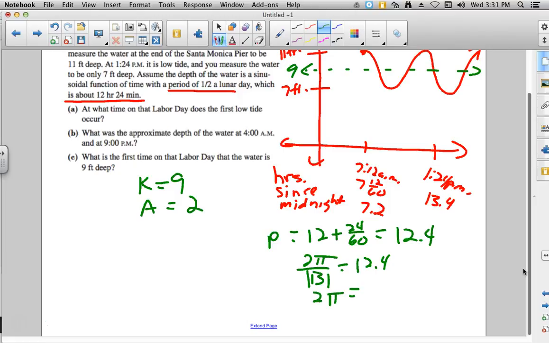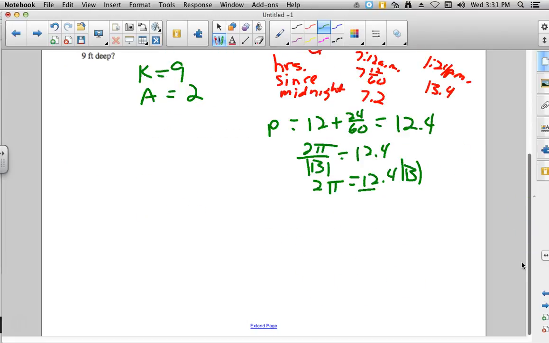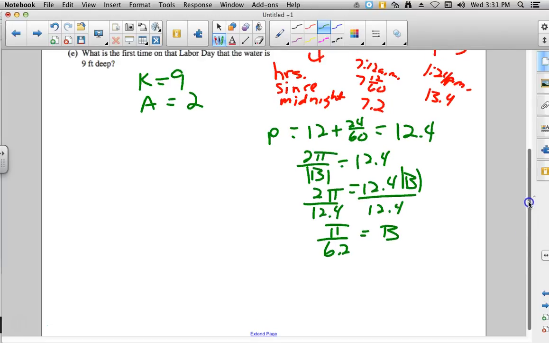So 2 pi will equal 12.4 times the absolute value of B. We need to divide both sides by 12.4 to get B all by itself. And this is, of course, a perfect match for the example that we did in your notes. So B is pi over 6.2.